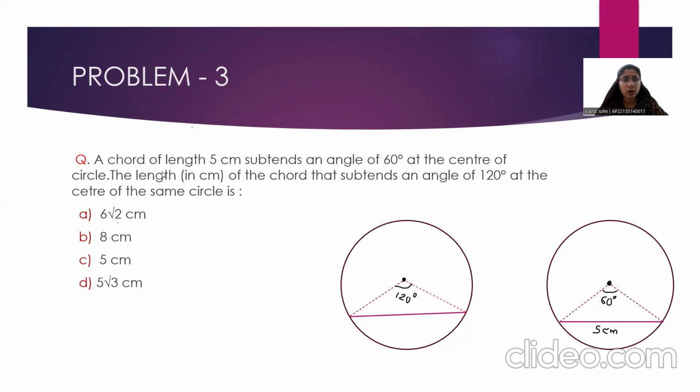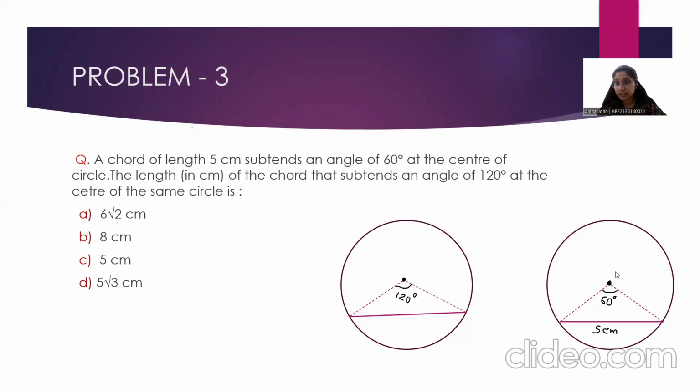A chord of length 5 centimeter subtends an angle of 60 degree at the center of the circle. Okay, so here is the diagram.